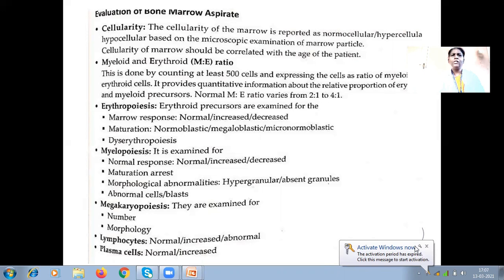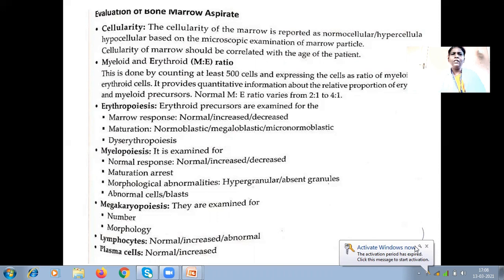To evaluate the bone marrow aspirate, first we need to see the cellularity. The cellularity of the marrow is reported as acellular, hypercellular or hypocellular based on the microscopic examination of marrow particles. The cellularity of marrow should be correlated with the age of the patient.